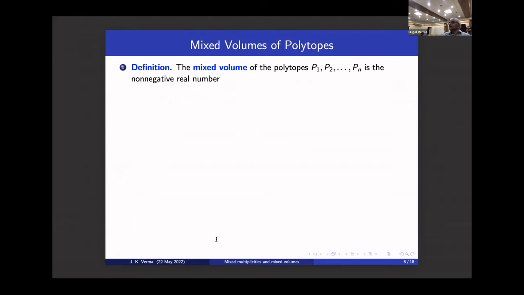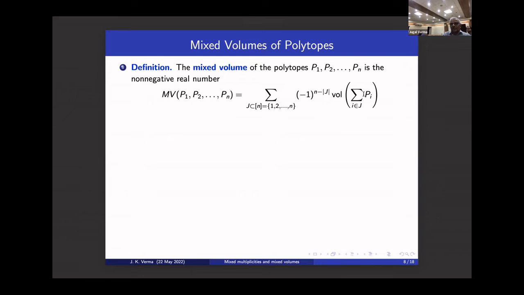The mixed volume of a certain number of polytopes is a non-negative real number. And this is defined to be an alternating sum. So we have this certain number of polytopes, and you add up these polytopes. This is called Minkowski's sum. If I have two polytopes P and Q, I simply take the sum of vectors which are in P and Q, and that happens to be a convex polytope.